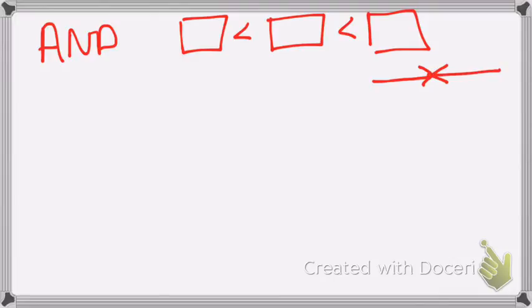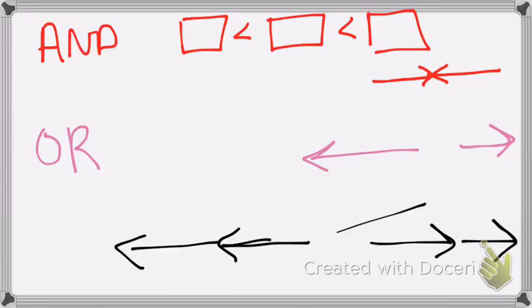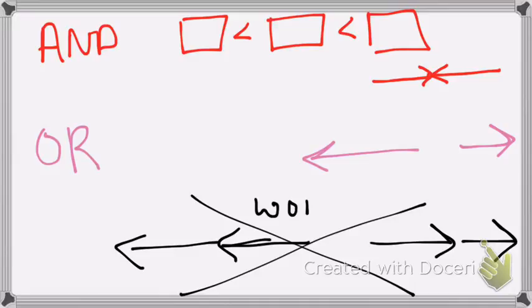If it's an or, they go away from each other. And that being said, arrows will never be going in the same direction. If they do, that means you've made a mistake someplace. So this scenario down here in black should not happen.